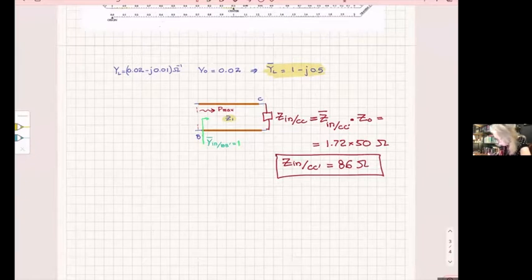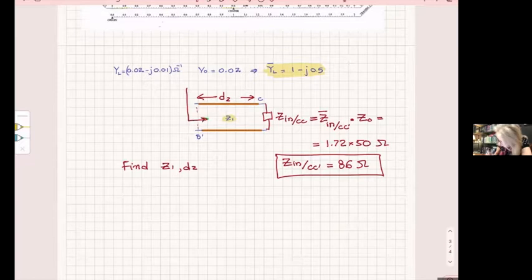And now I want to select Z1 and D2. So the question here is find Z1, D2, so that the input impedance here, if this is C prime and this is B prime, we want Z input at B prime to be equal to 50 ohms.